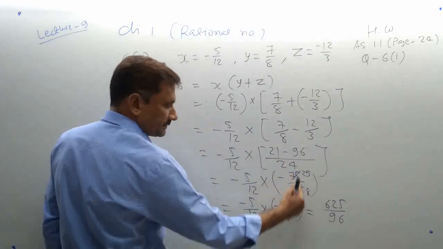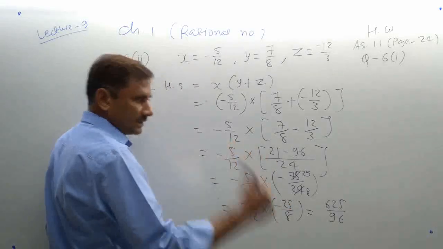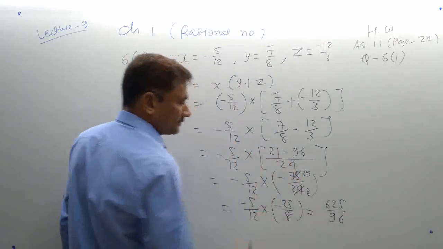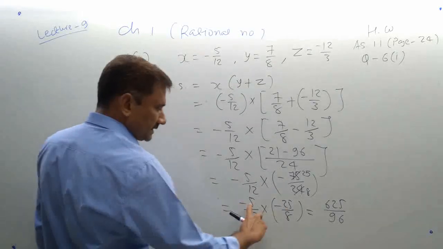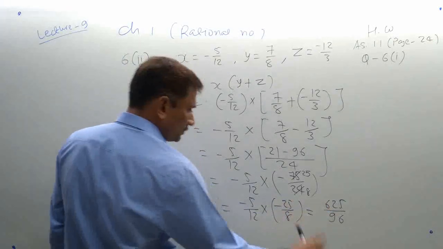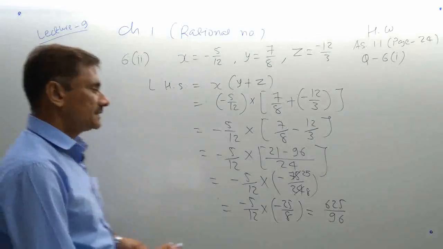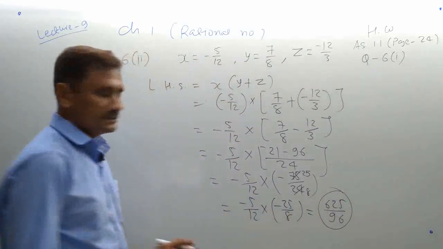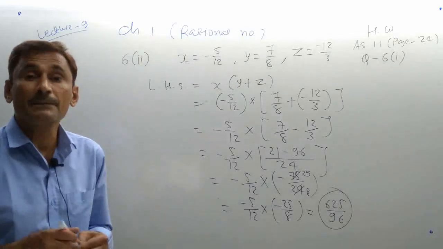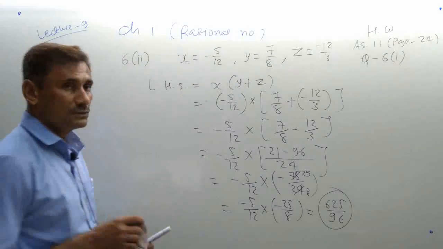Now cancellation is possible here by 3, so 3 into 25, 3 into 8. Now just multiply both numerators and both denominators. So we got 625 upon 96. This is our first result, the left hand side. Now look at the right hand side also.